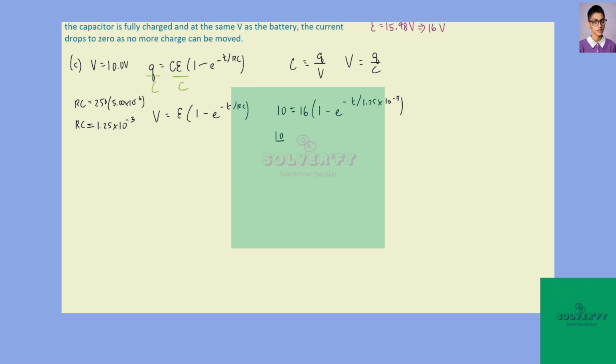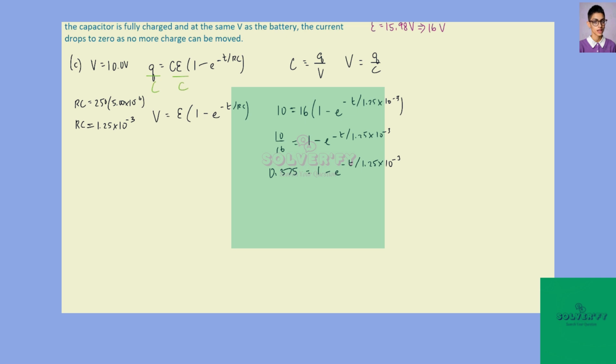And so 10 over 16 equals 1 minus E to the minus T over 1.25 times 10 to the minus third. And that gives me 0.375 equals 1 minus E to the minus T over 1.25 times 10 to the negative third.